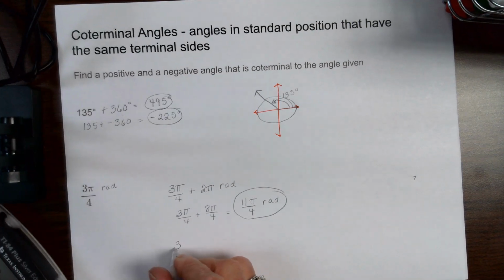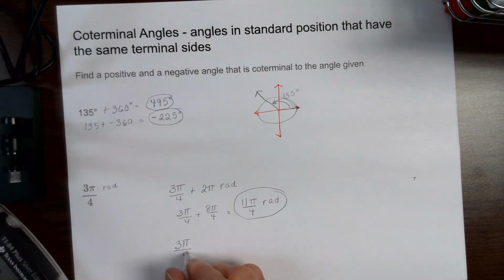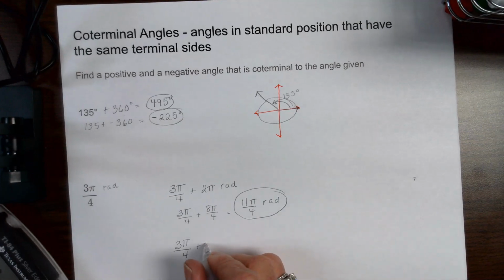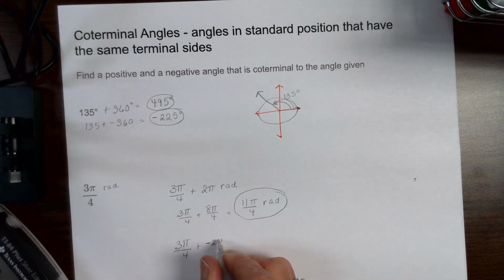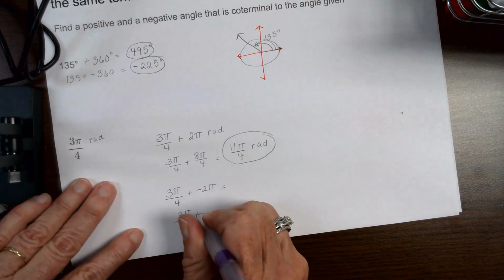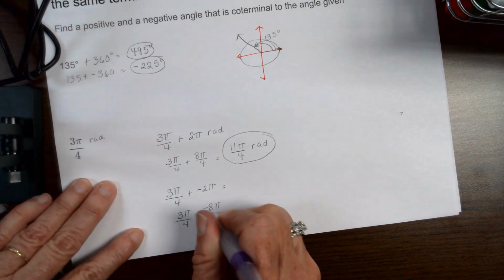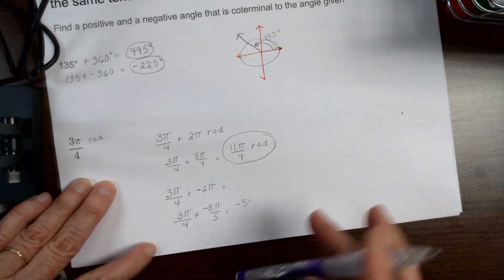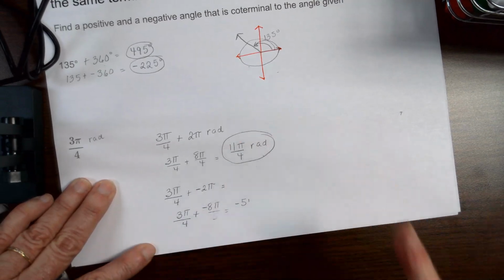To get a negative one, I would add negative 360 to it because I would go around the circle the other way. So I'm going to add a negative 2 pi to it. Again, common denominator. So this is going to be plus a negative 8 pi over 4, which is going to give me negative 5, oops, I don't know why I put it over 5, over 4.